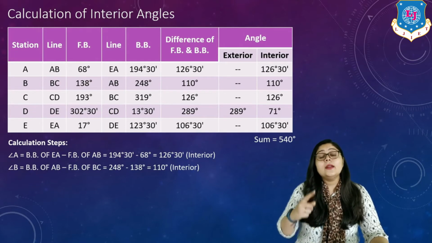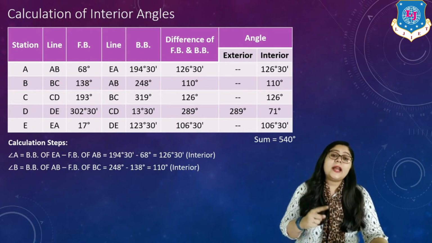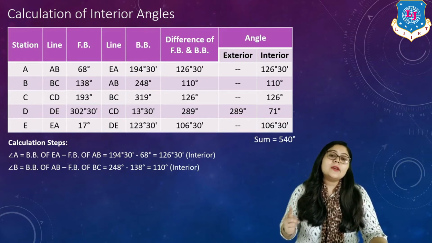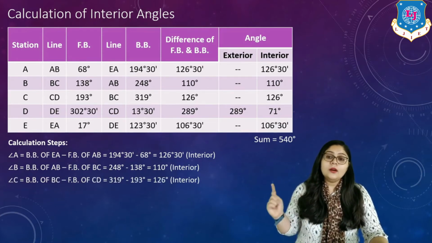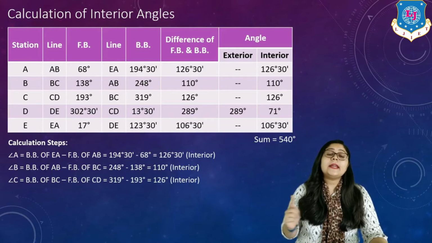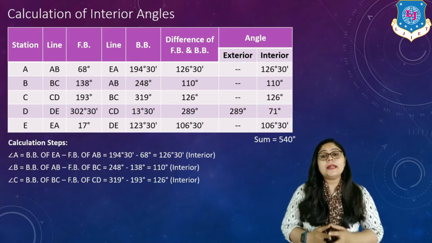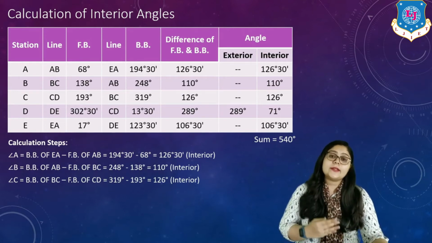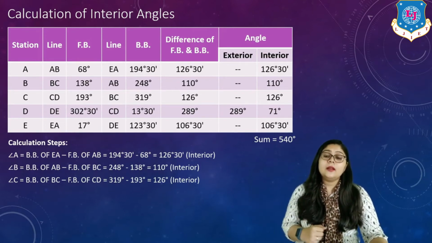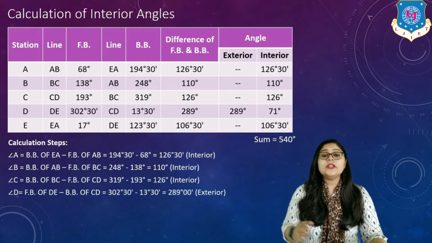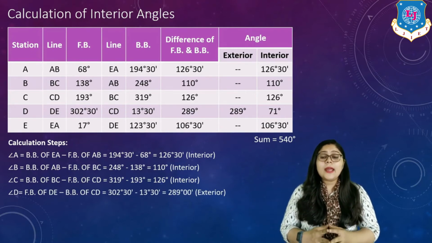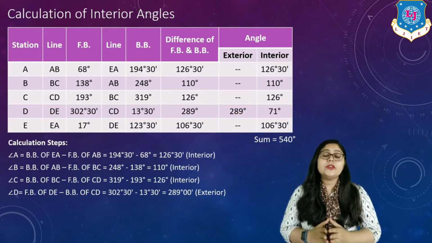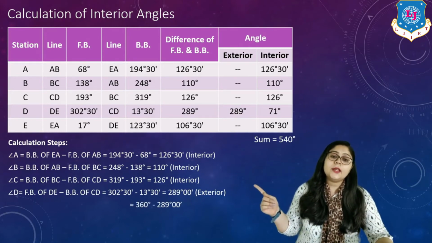Again, as I said, this interior angle and exterior angle can be known only if you have drawn the traverse correctly, right? Likewise, angle C can be calculated as the back bearing of line BC minus fore bearing of line CD, which gives the answer as 126 degree as an interior angle. Then the angle D, which is the exterior angle, when we do the fore bearing of DE minus back bearing of CD, gives the answer of 289 degree, which is exterior.